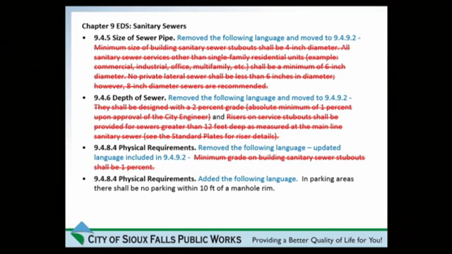The next change, in the fourth bulleted item, was 9.4.8.4. It talked about the physical requirements, the location of the sanitary sewer and the access points, and we felt it was a good thing to add a requirement to place manholes 10 feet away from parking spaces. We've seen in the past where a vehicle is parked in a designated spot and it has a sanitary sewer manhole right underneath it.